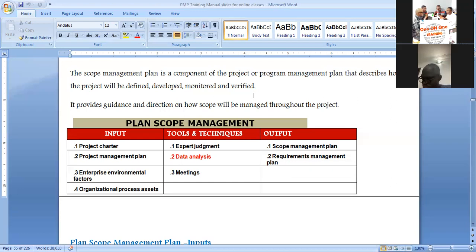So we need that preliminary scope written there, because here now, we're coming up with plans on how to get that done.